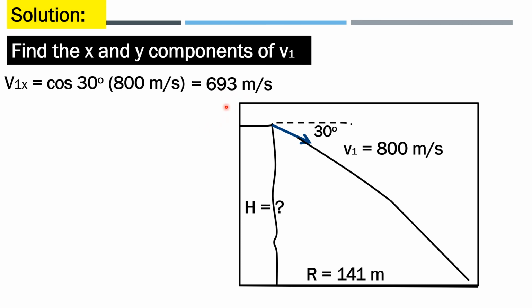And how about the y component? The y component is simply determined by using sine of the angle 30 degrees multiplied by the same value of the initial speed, because the y component is actually the opposite side.